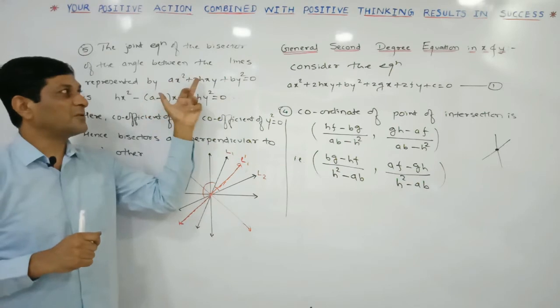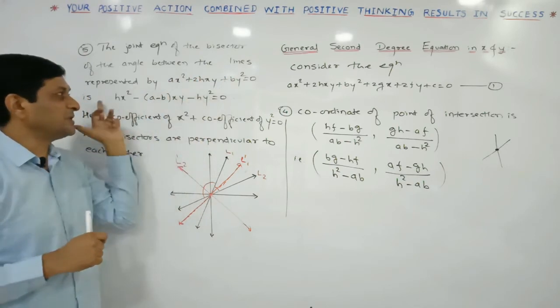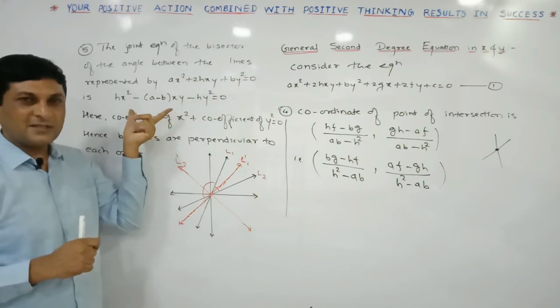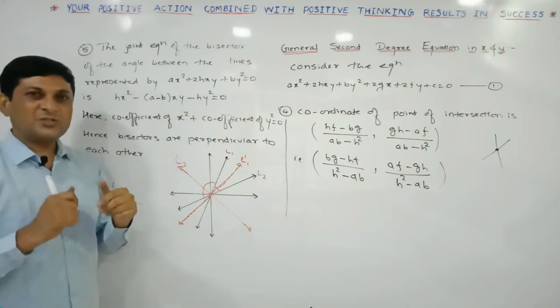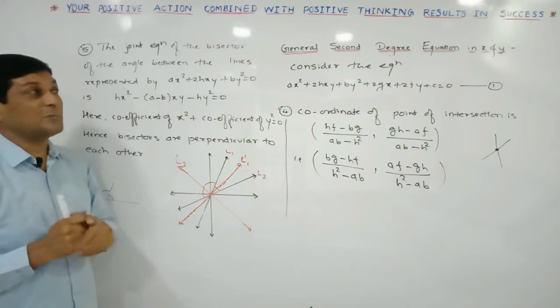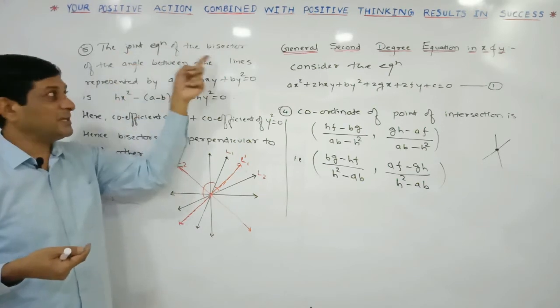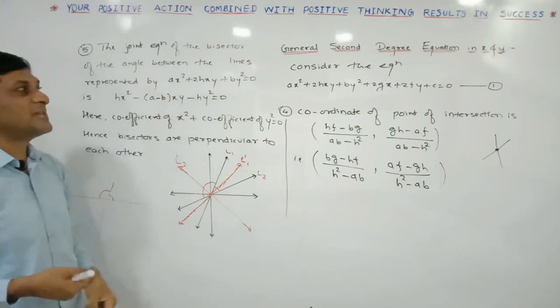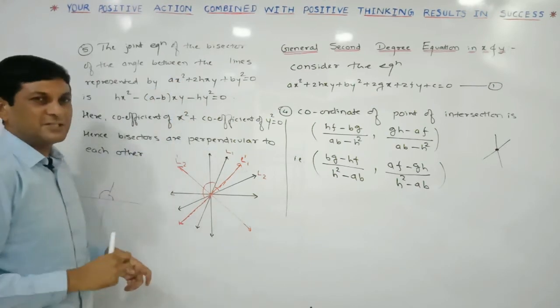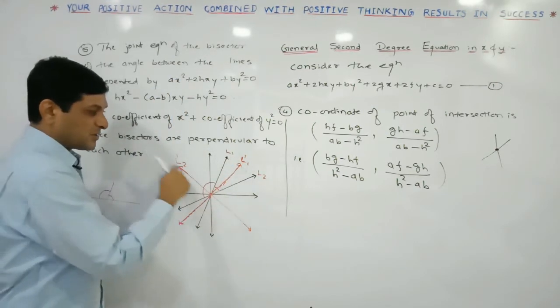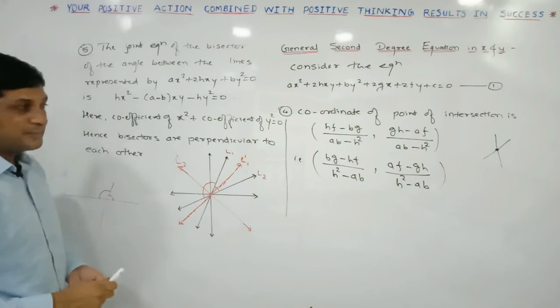Substituting these values in this equation, the new equation we get is the combined equation of the bisectors of the angles between the lines represented by this equation, meaning it is the combined equation of L1 dash and L2 dash.